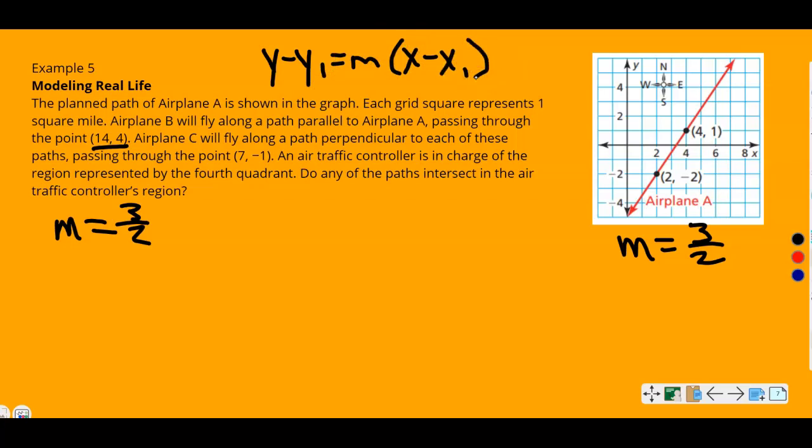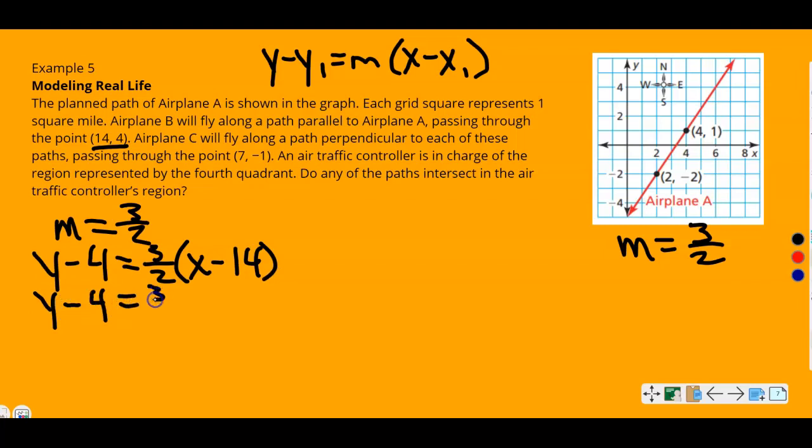Again, if you don't know point-slope form, commit that to memory. y minus 4 equals 3/2 times x minus 14. Let me rewrite this: y minus 4 equals 3/2 x.